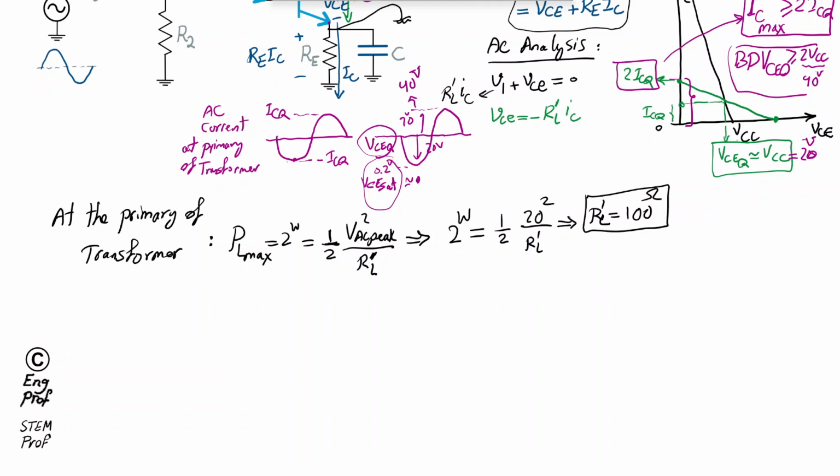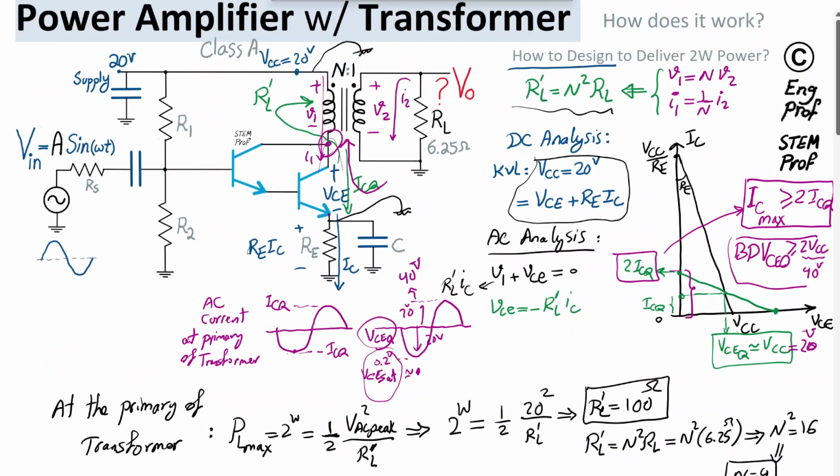This is one outcome. Since R prime L is equal to N squared times RL, and RL is 6.25 ohm, so 100 equals N squared times 6.25 ohm. Here we get N squared equal to 16, which means N should be equal to 4 turns. So we found the right number of turns for the ideal transformer as well.